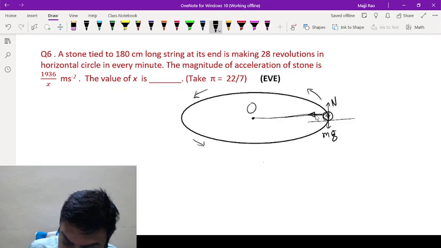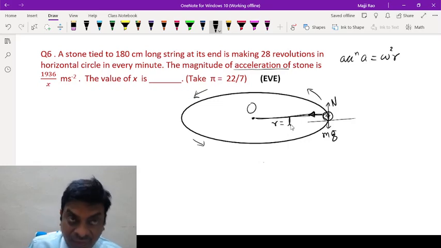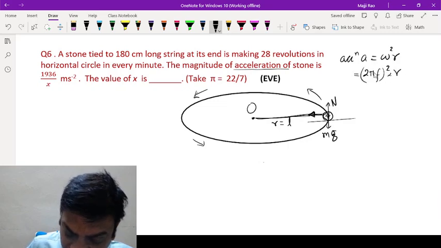So the only acceleration here is due to the circular motion, and that is the centripetal acceleration. The magnitude of acceleration is nothing but centripetal acceleration, which is omega square r, where r is the radius of the circle, which is also equal to the length of the string. Now omega is 2 pi into frequency, because frequency is given, isn't it?